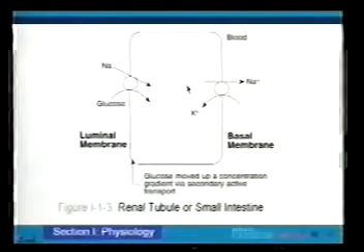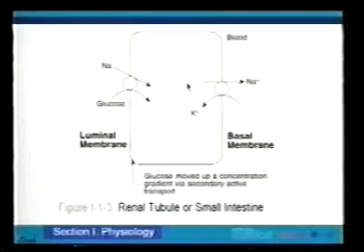If you look at the sodium concentration in the blood or the interstitial fluid, it is very high compared to the intracellular level. If you look at the lumen of the proximal tubule of the kidney or the small intestine, the concentration of sodium here is also high. It's about the same as it is in the interstitial fluid.